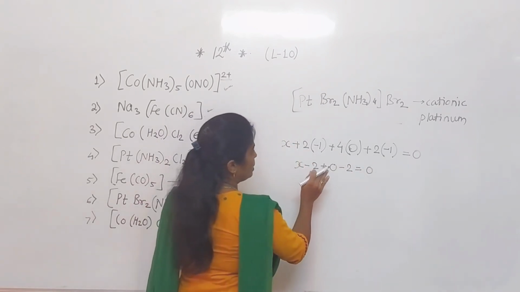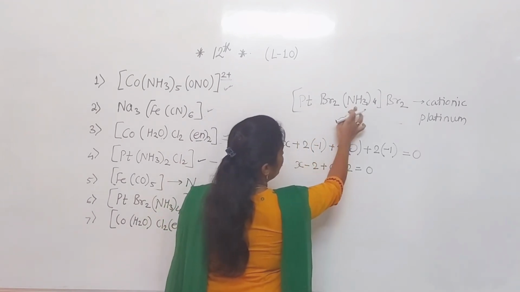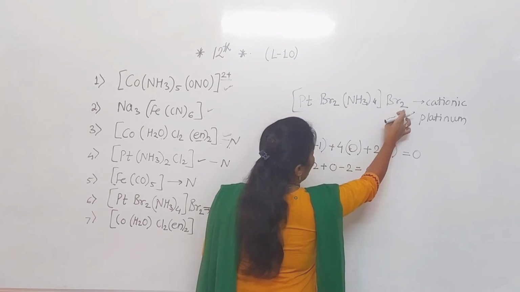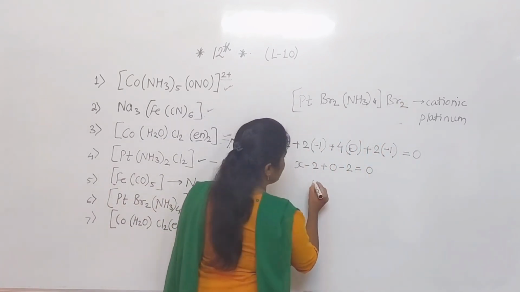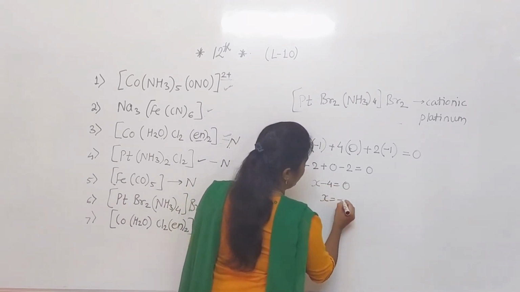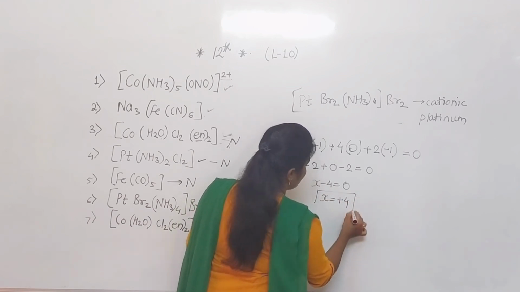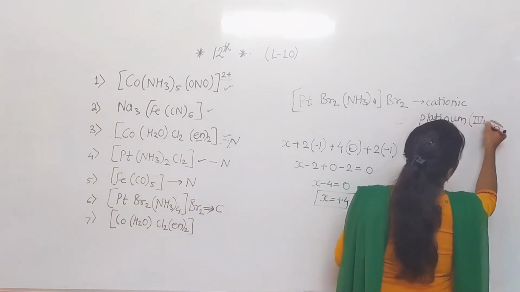Once again I am telling you, listen carefully. If we consider this one, [Pt(NH3)4]Br2, for this we are going to find out the oxidation number. So it is X minus 4 equal to 0. So X is equal to plus 4. So in this way we write in the round bracket the Roman numeral IV.